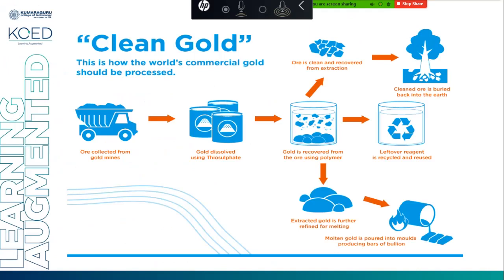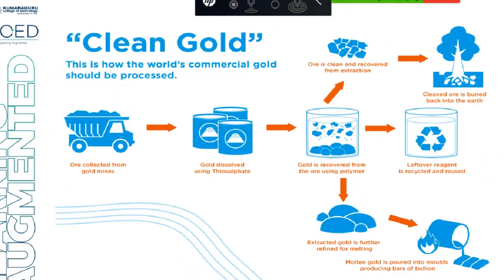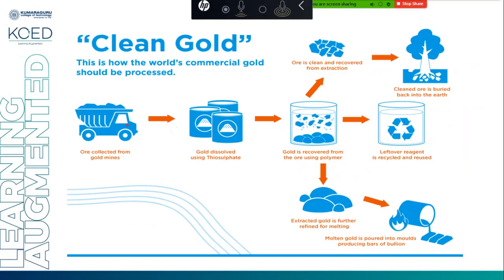See this example. The example is the cleaning of gold. The ore is collected from the gold mines, which contains coal as well as gold particles. The collected ore is dissolved using thiosulfate.